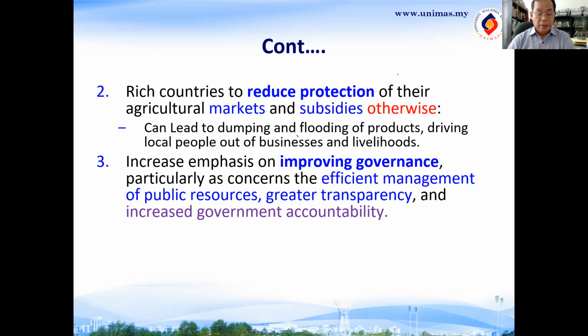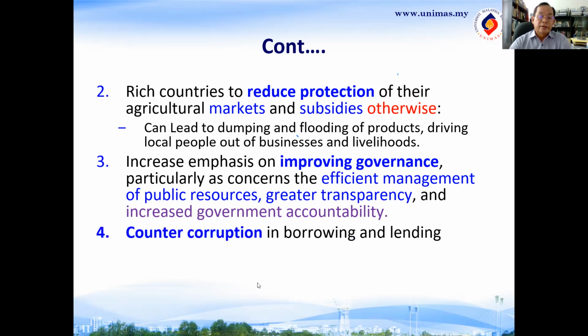Ya, jadi pengurusan sumber umum ataupun awam, sorry, and also greater transparency on how the money is spent and so on, and also increase government accountability as well. Jadi kebertanggungjawaban, ya, oleh kerajaan. So in other words, improving the governance of the country, and those who are governing, and also the system of governance has to improve.